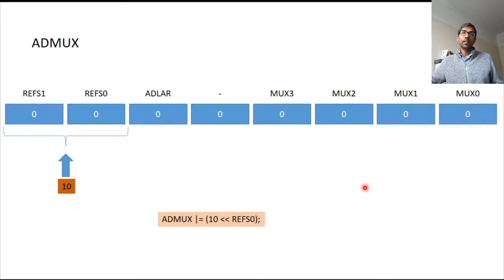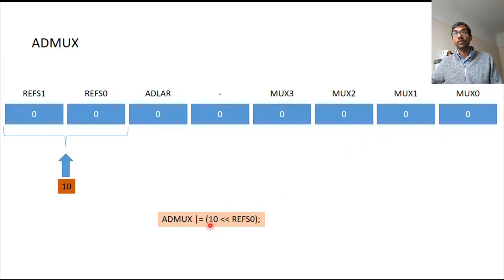Let me give you another point here. Let's say you want to change these 2 bits together and you want to put 1 0 here. Sometimes, for example, you may want to set all these 4 bits, MUX0 to MUX3, at the same time. So how could you do that? One way of doing that would be to say ADMUX or equal to, so that the values in the rest of the register are preserved.